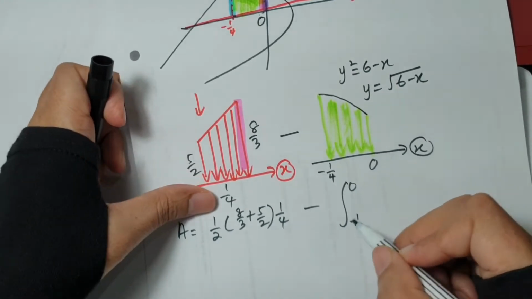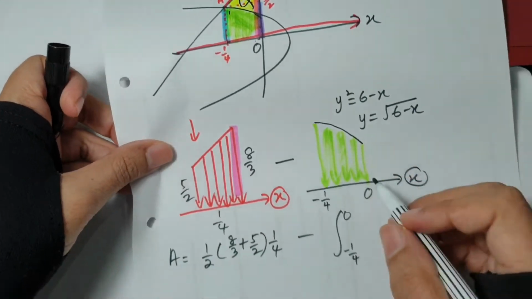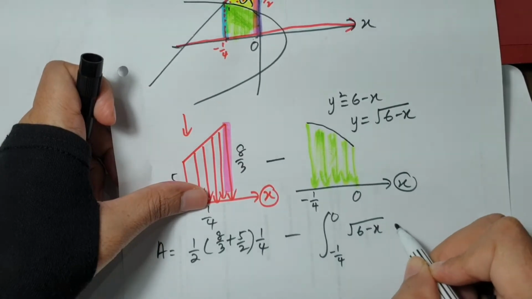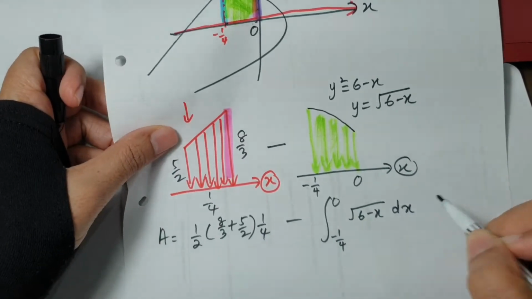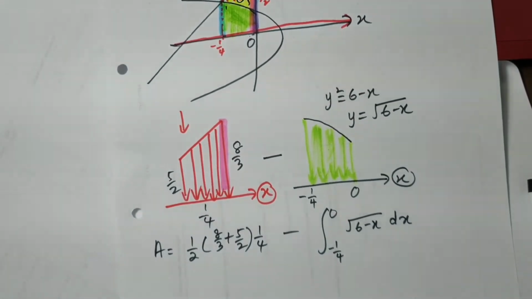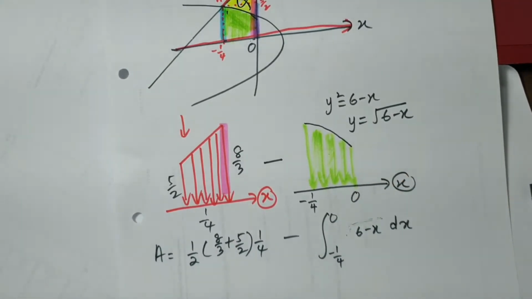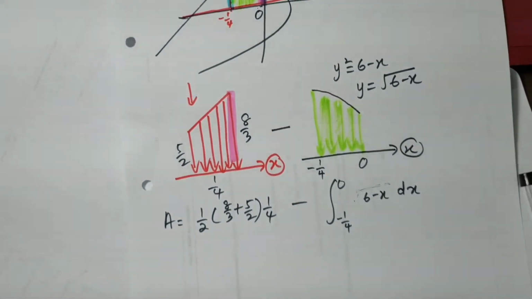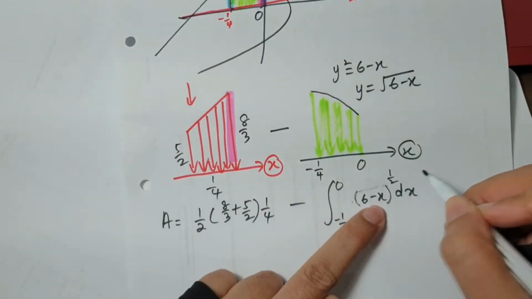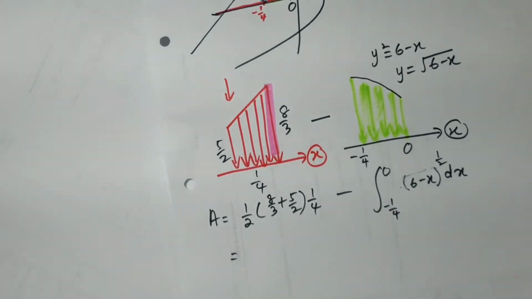Lower limit here, upper limit, small to big. Now make y your subject: square root of 6 minus x, dx. I remind you, for the square root, what symbol do you put? Put power of 1/2. When doing integration, if it is a fractional index, put it in fraction form. This one you can press on the calculator.